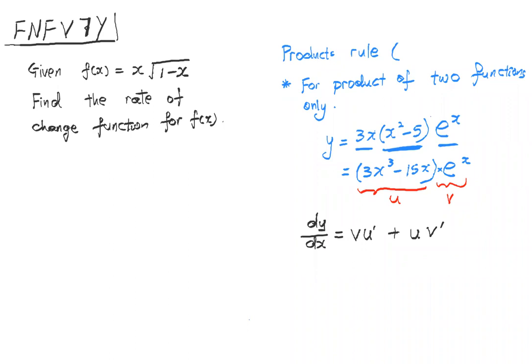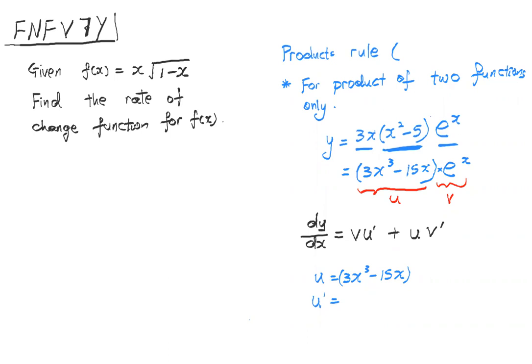If you are learning this formula for the first time, I encourage you to write down this: my u is 3x cubed minus 15x. So I get my u prime first, and I put it in a bracket. That is the safest, because after that I have to substitute into here. If there is more than one term, you had better put it in a bracket.